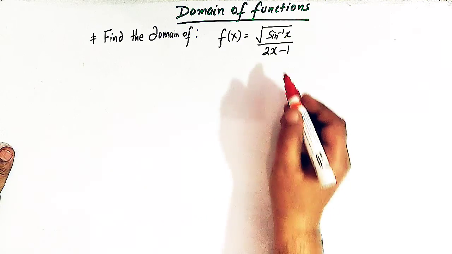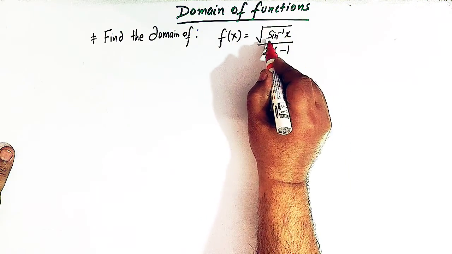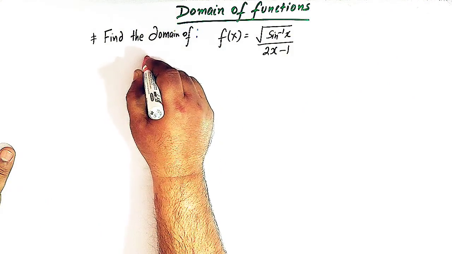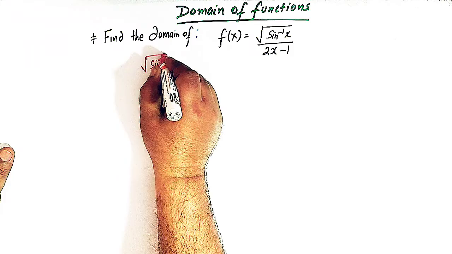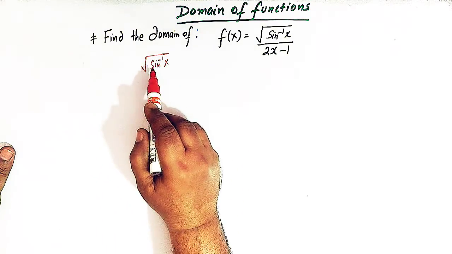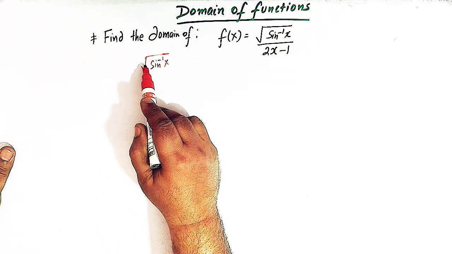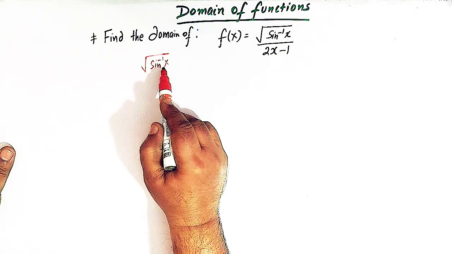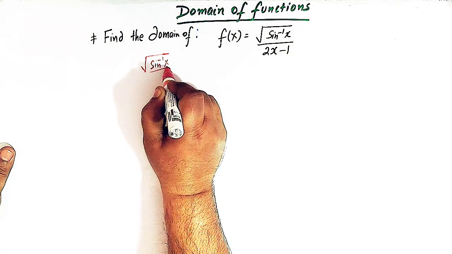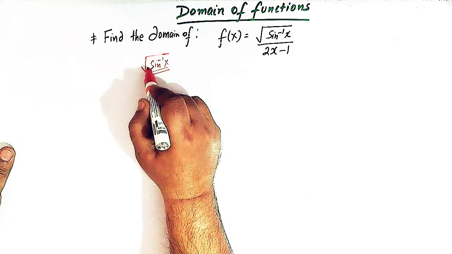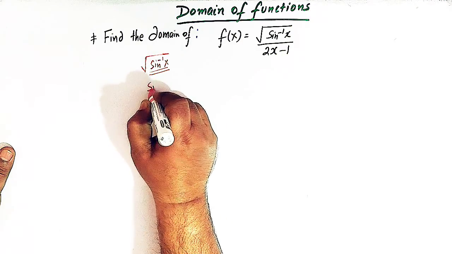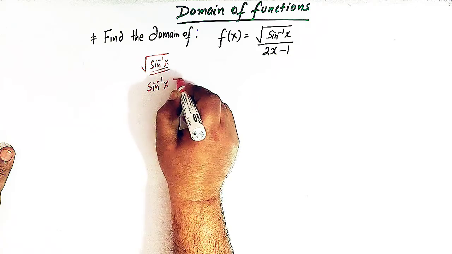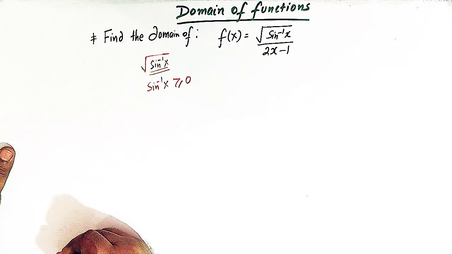So now let us consider first this function, that is square root of sine inverse x, right? Now the validity of this function, the condition is that the expression which is inside this radical sign must be greater than or equal to 0, right?